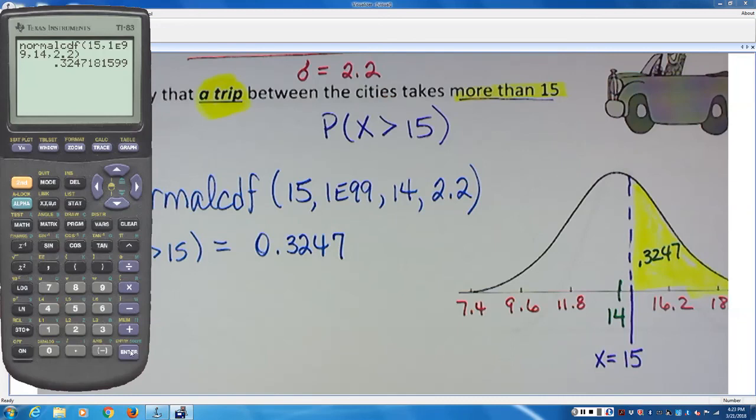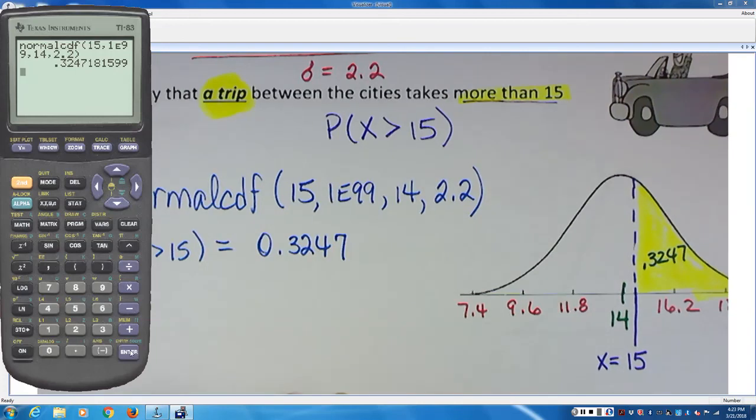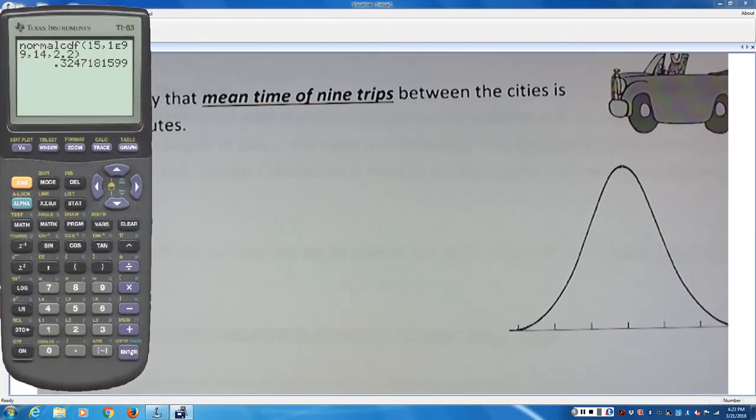So, everybody good with that? That's the same problem we've been working all along, all the lesson today. But now we're going to change gears. I'm going to keep this handy because we're going to compare it in a minute. This one sounds the same.